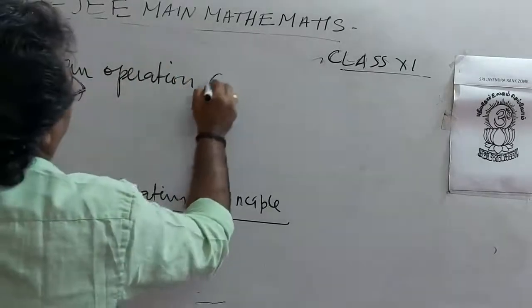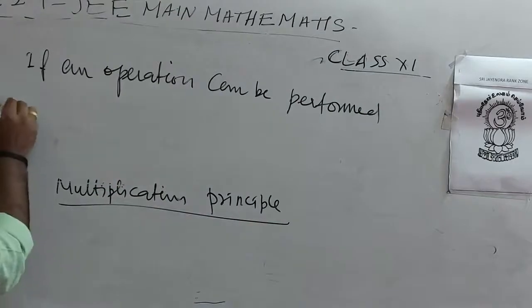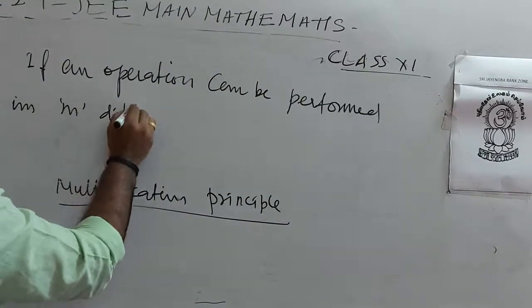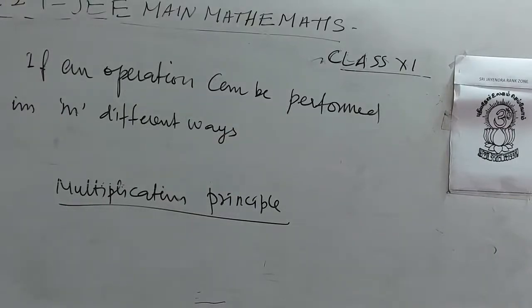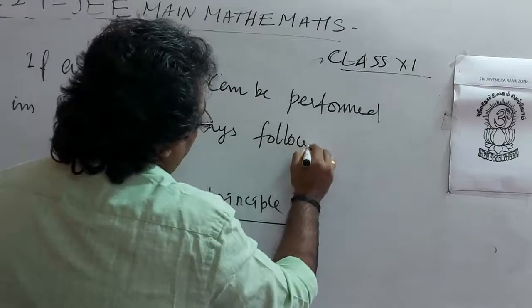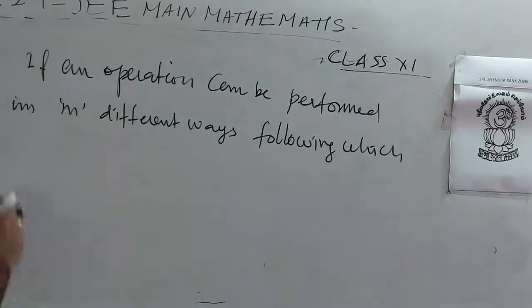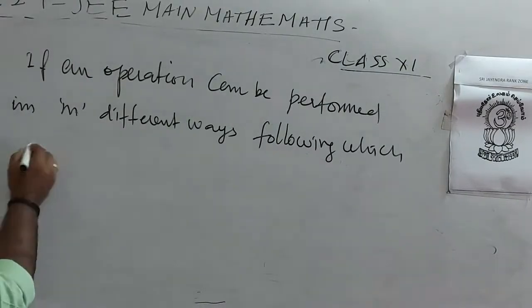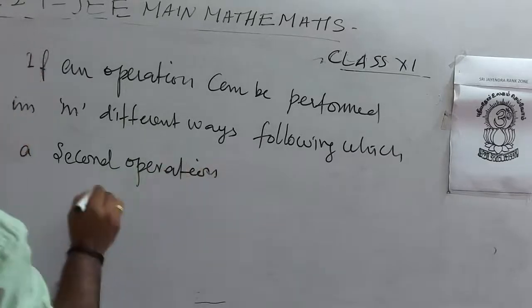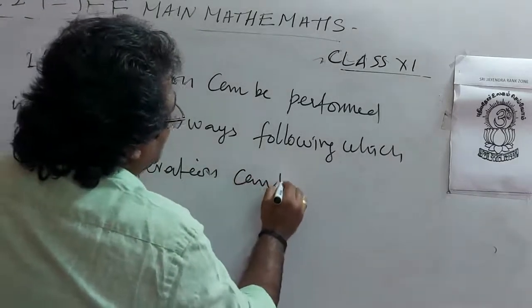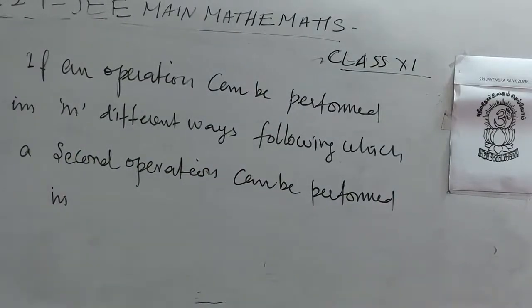If an operation can be performed in m different ways, following which a second operation can be performed in n different ways.